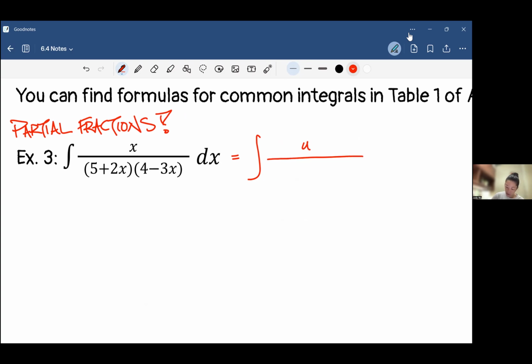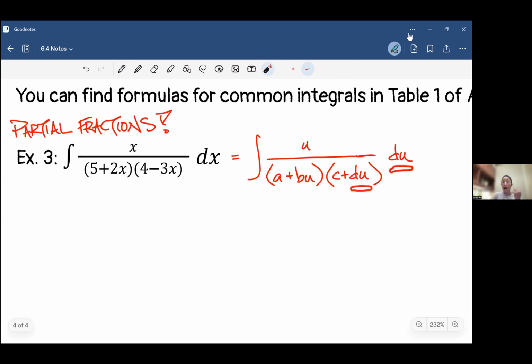u over (a plus bu) times (c plus du), du. Now, I'm going to pause for a moment. This du and this du are not the same. This u and this u are the same, but we're literally just using the first 4 letters, a, b, c, d.